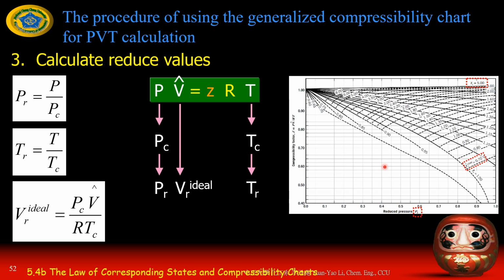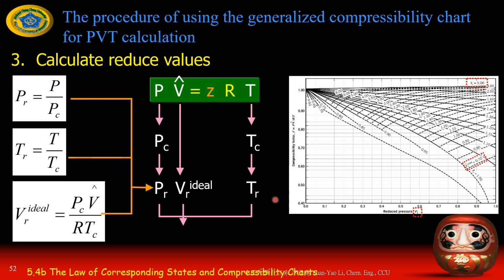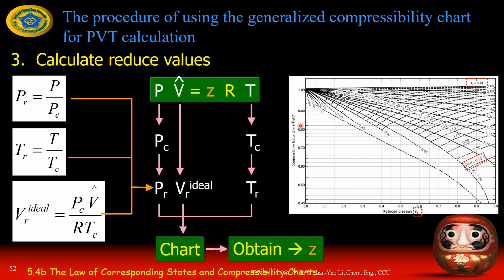Okay? So use two of these three. Again, two of these three. And then you find out Z. You go to the chart, you obtain Z. Right? Two of these three, you got Z. And then you take Z back to this equation.